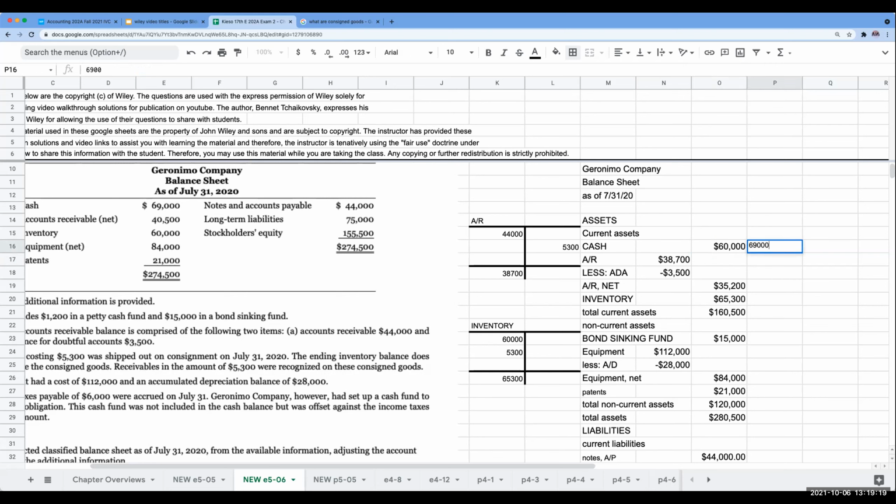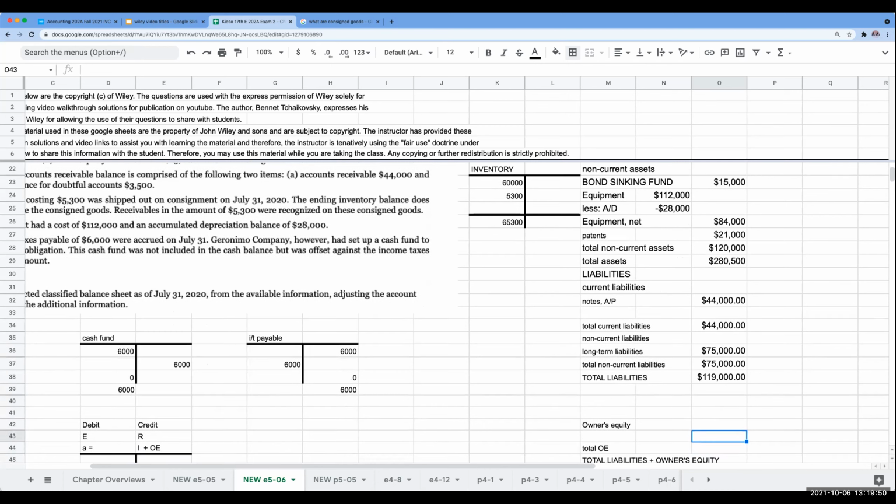So if we're looking at this, 69,000 original balance minus the 15,000 bond sinking fund plus the $6,000 for the reverse offset income taxes. Okay, so my cash balance is now going to be 60,000. My total current assets are now 160,500. My total assets are now 280,500.